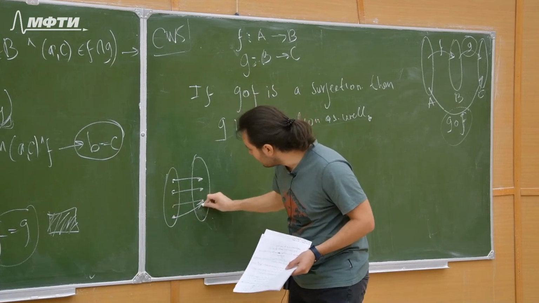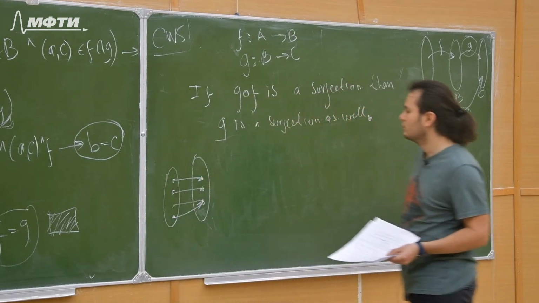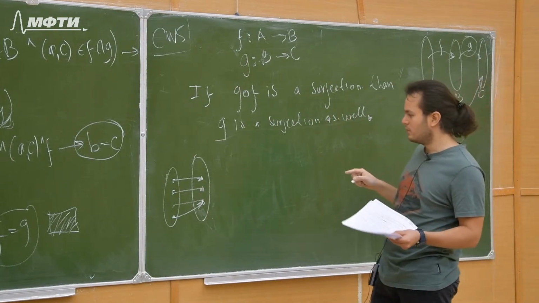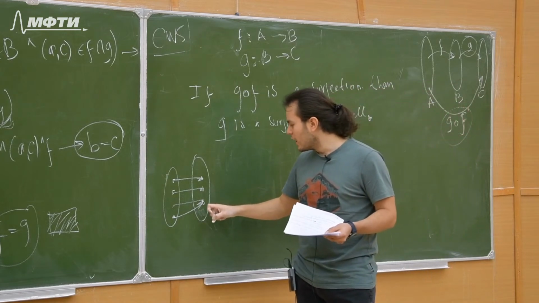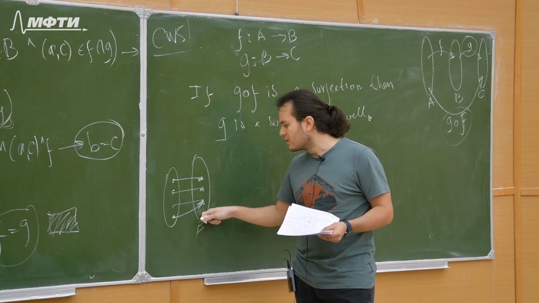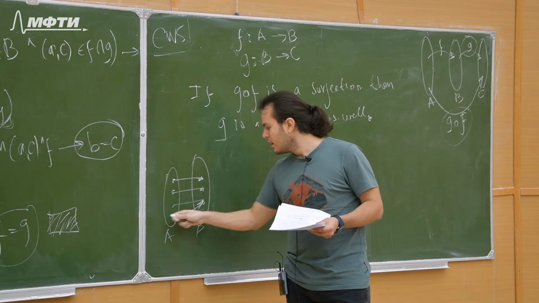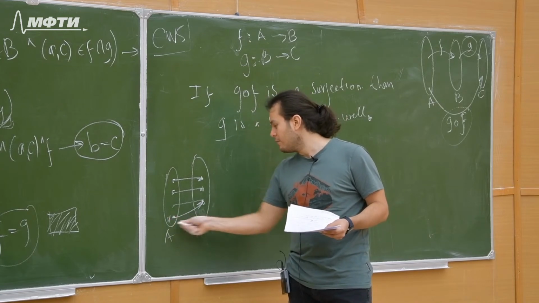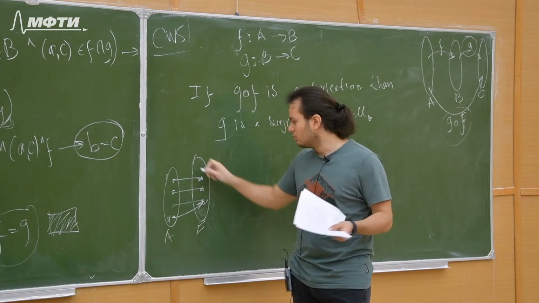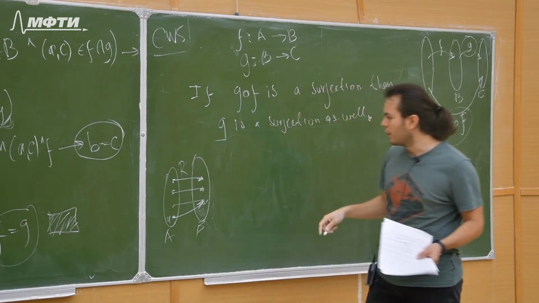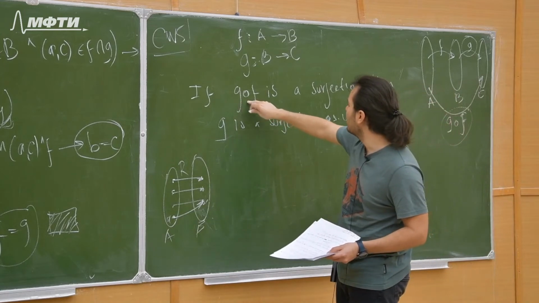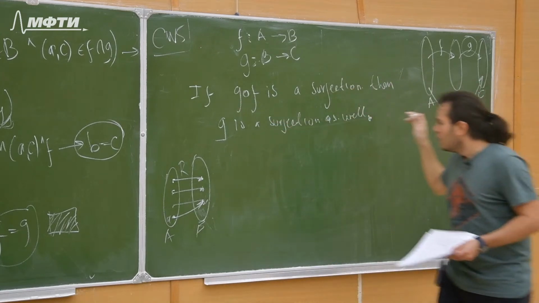So it means that for every element in B, for example, there exists some element in A such that AB belongs to R or to F or whatever. So we have that, and we have that this composition here, G composition F, is surjective. Okay, so let's prove it.